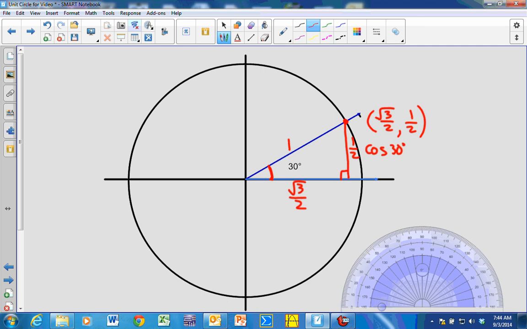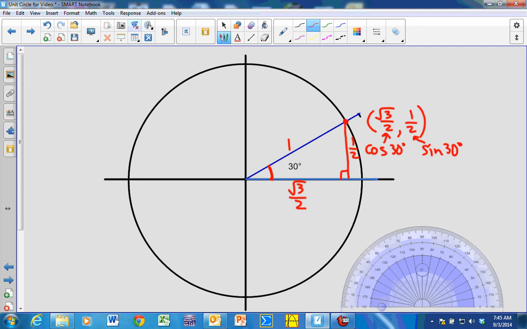Well, the hypotenuse is 1, so it's just going to be adjacent, and that happens to be this value right here. If you take sine of 30 degrees in this triangle, you take opposite, which is 1/2, over hypotenuse, which is 1 again. So that's going to be sine of 30 degrees.